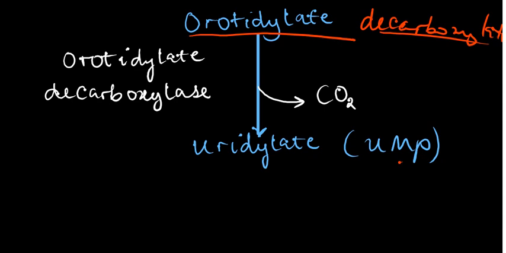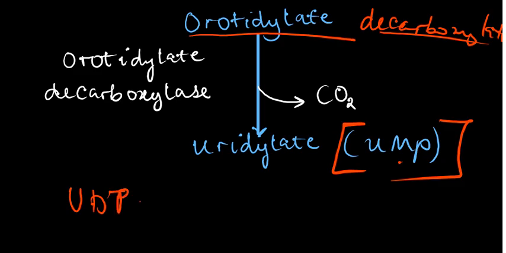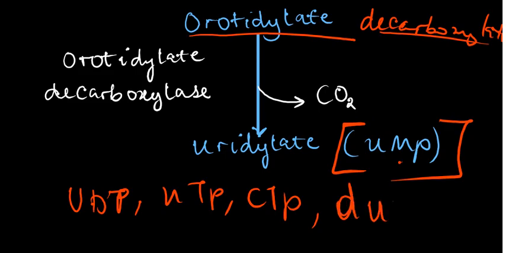All the other types of pyrimidines are formed from this UMP. This is like our raw material to make the other pyrimidines, like UDP, UTP, CTP, as well as dUDP. They're all formed from UMP.